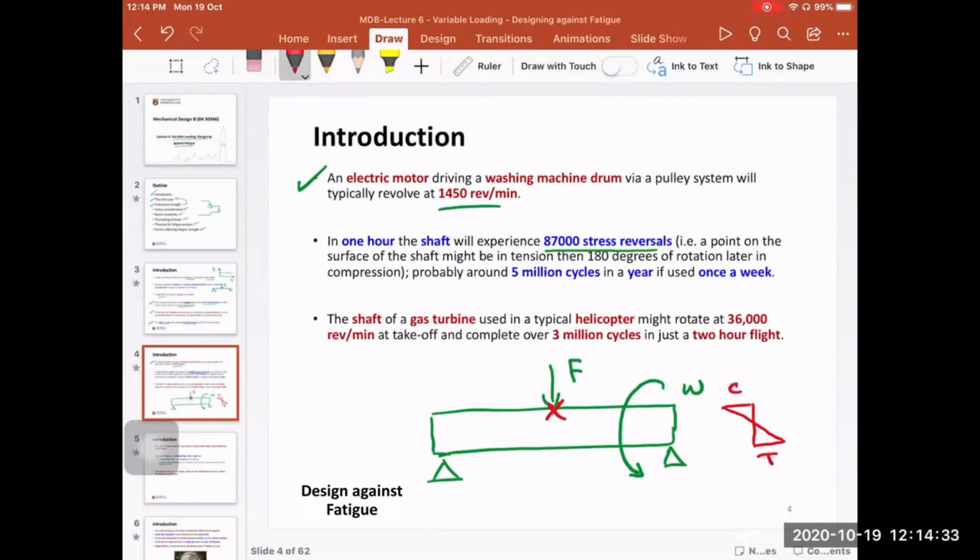But after 180 degrees, this point is going to move downwards. Because the shaft rotates, this point will rotate and become here at this point. So in this case, at the beginning it was under tension, and after 180 degrees, it becomes under compression.